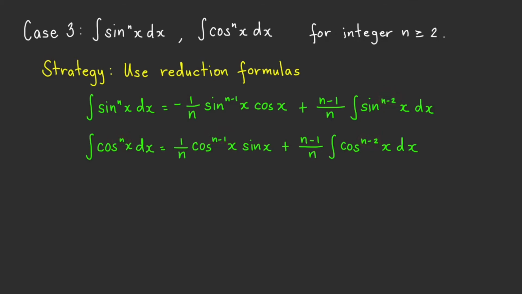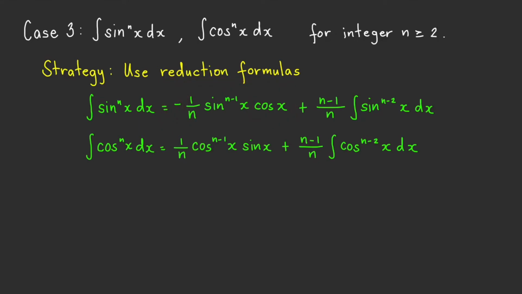Now, why do we have a negative sign here? Because when you use integration by parts, your dv here is actually sine x dx. So if your dv is equal to sine x dx, this is actually your u, and your v will be negative cosine x, since v is the integral of dv.